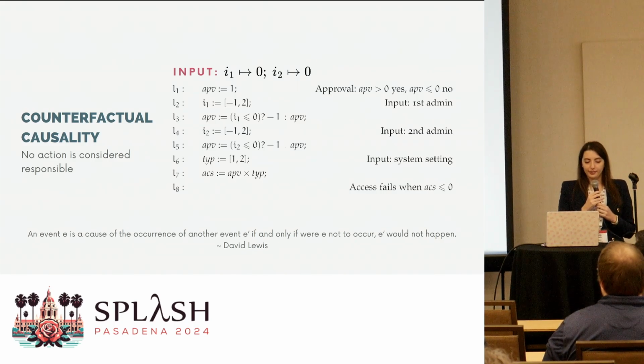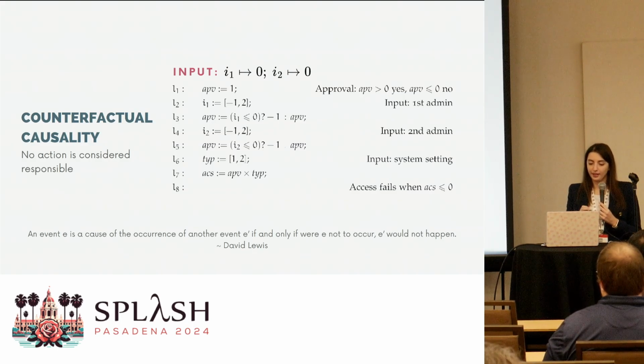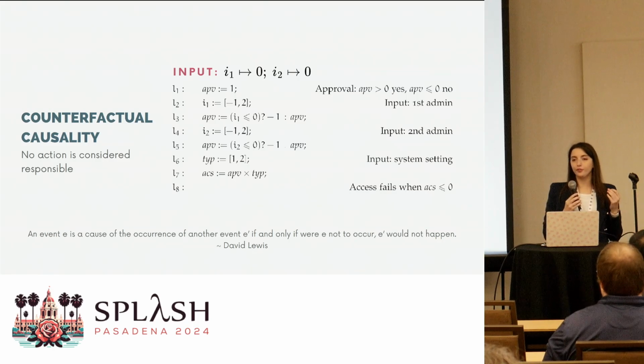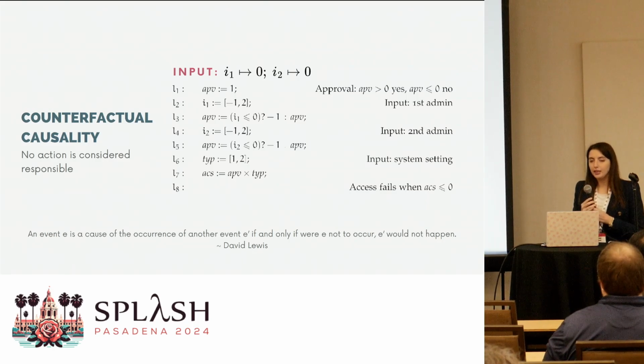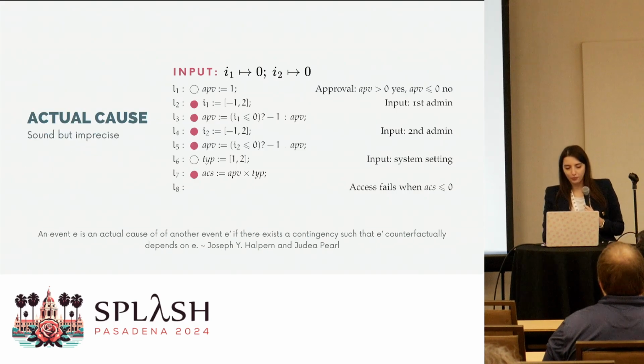An event E is a cause of the occurrence of another event E', if and only if, were E not to occur, E' would not happen. This methodology succeeds in some examples, but as we can see with the inputs I1 assigned to 0 and I2 assigned to 0, it fails in determining a responsible entity, so it's still too imprecise.